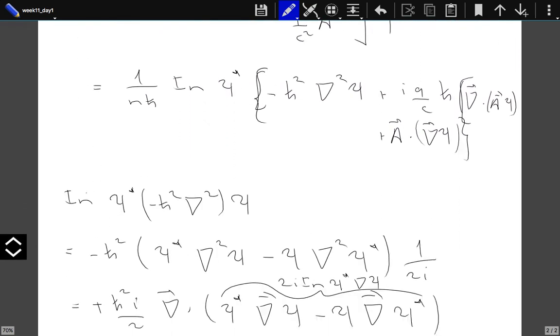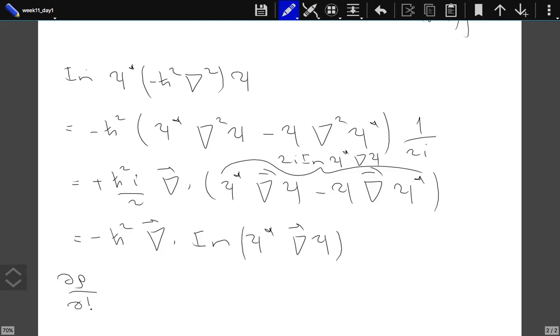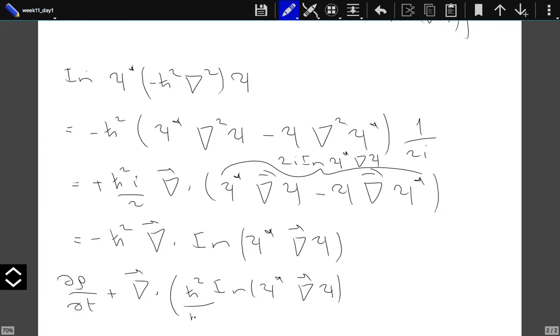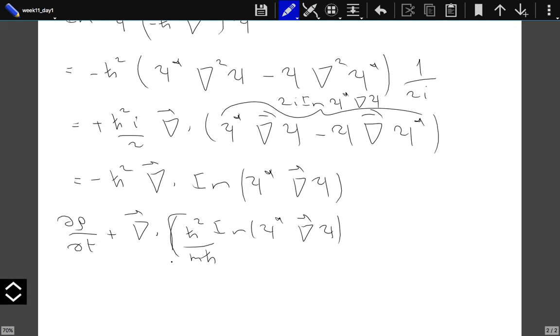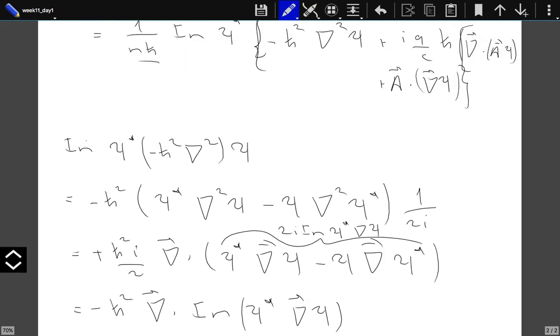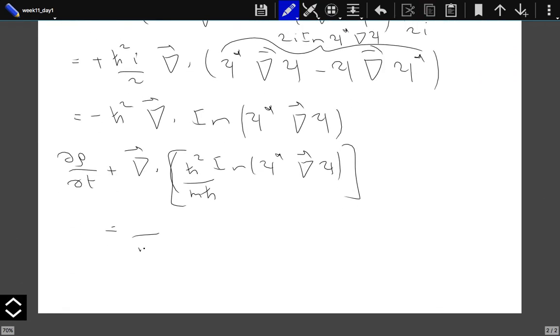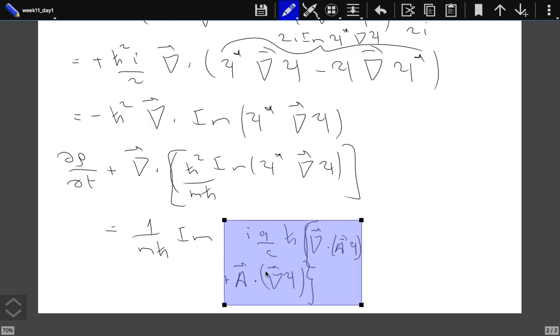So what I have now is del rho by del t plus the divergence of h bar squared imaginary part of psi star gradient psi divided by m h bar, that factor, is equal to these two terms, 1 over m h bar times the imaginary part of this one.